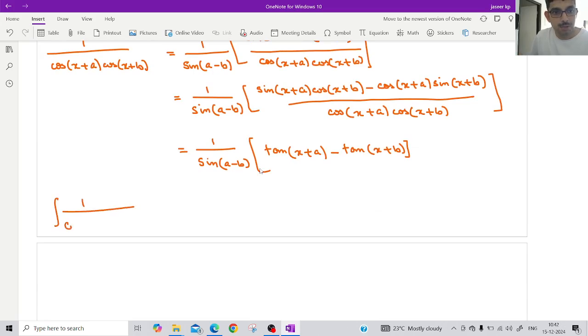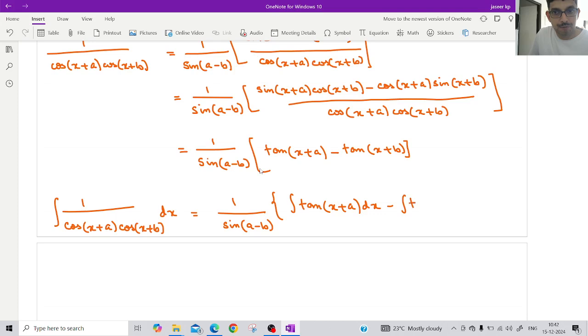Integral of 1 by cos(x plus a) cos(x plus b) dx equals 1 by sin(a minus b), then integral of tan(x plus a) dx minus integral of tan(x plus b) dx.